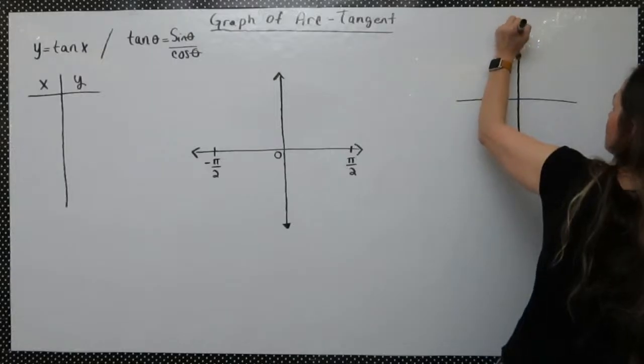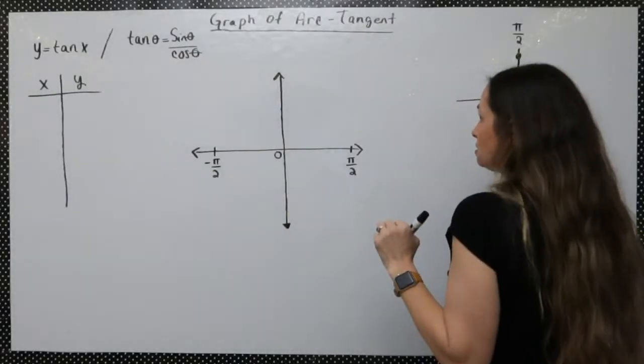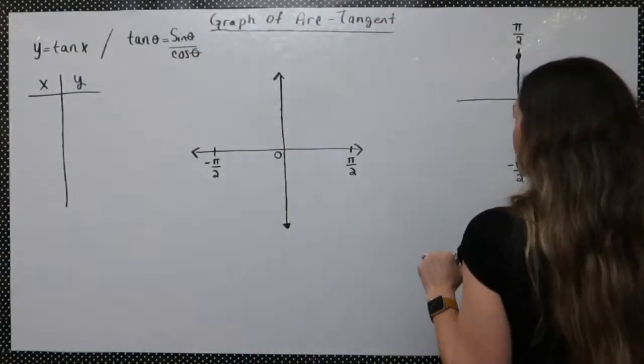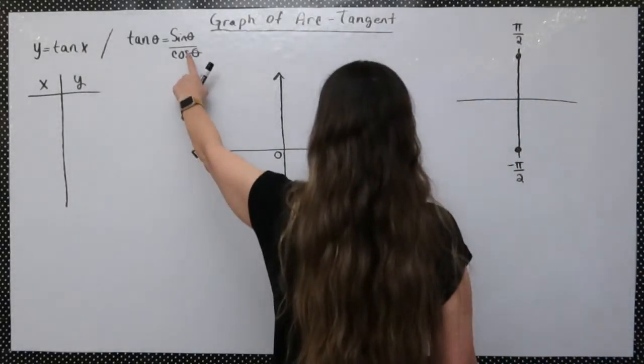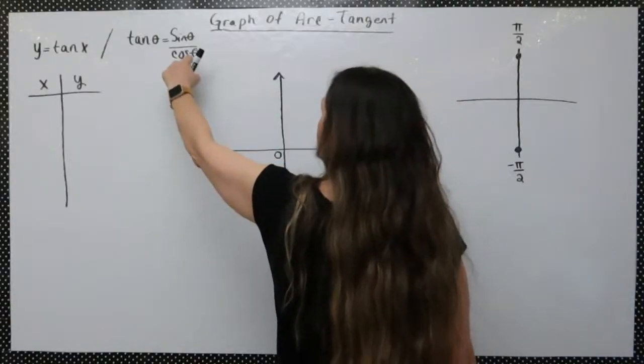And recall the reason why is that tangent behaves more like a rational function, so there are values in the domain that force a 0 in the denominator.